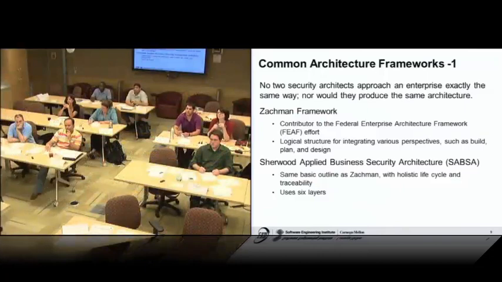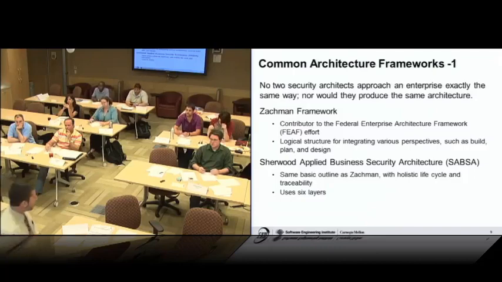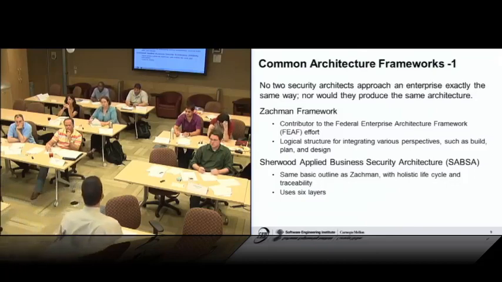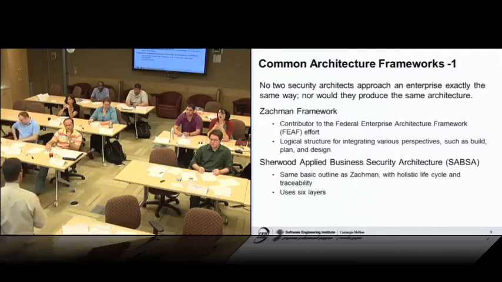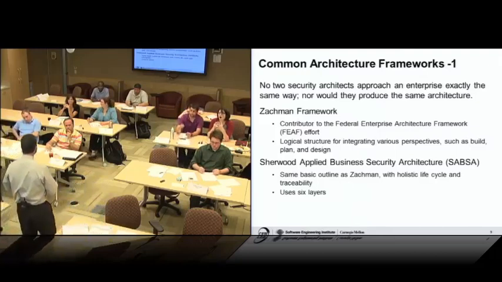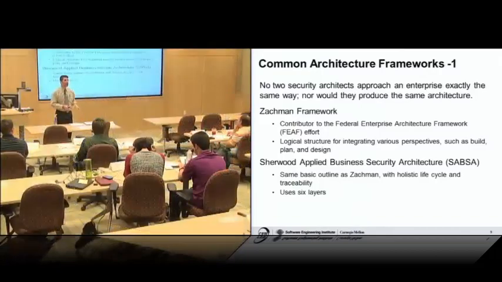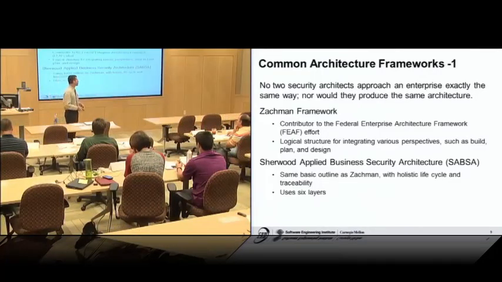Anyone work in the federal space and have to comply with the architecture requirements? It's pretty exhaustive. They are continually upgrading the federal architecture. Right now, I think they just released the data perspective or something like that. So they're continually updating it and evolving the Zachman.